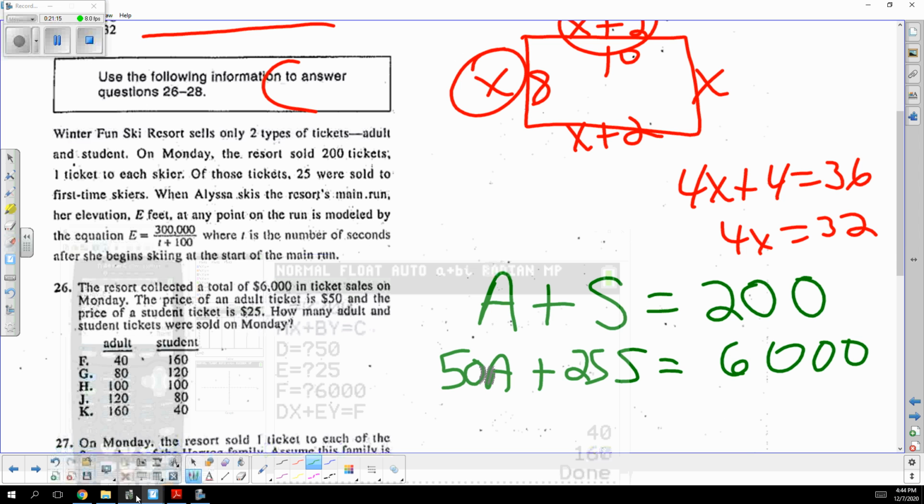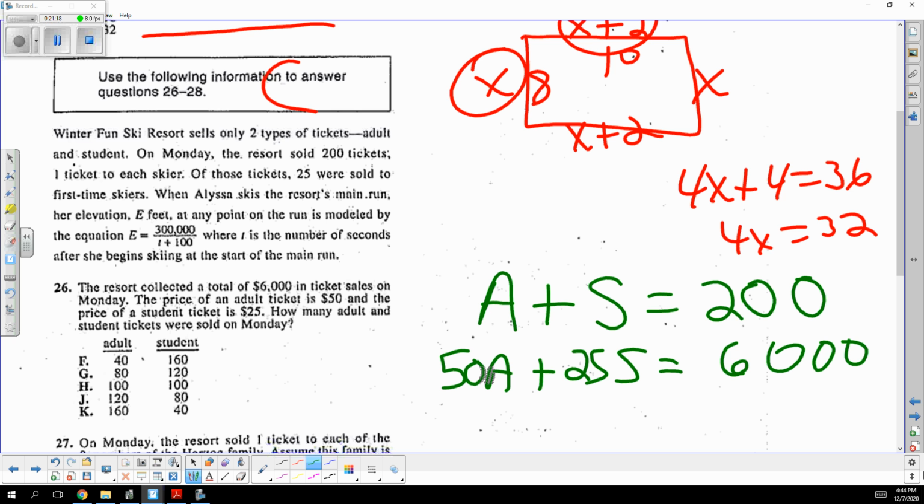That means that there were 40 adults and 160 students. The answer's F.